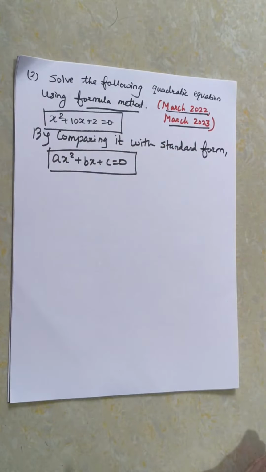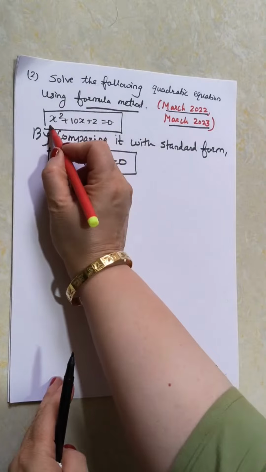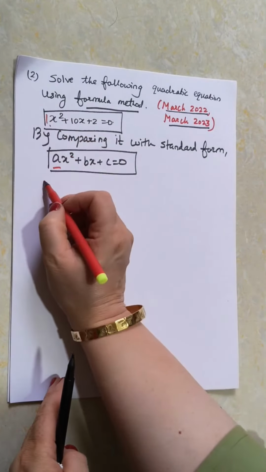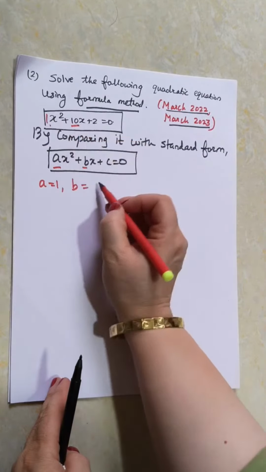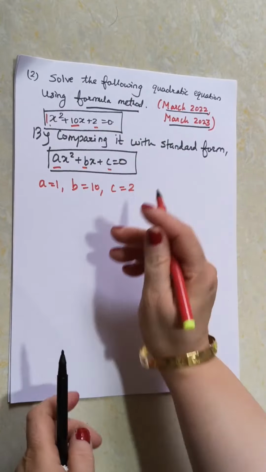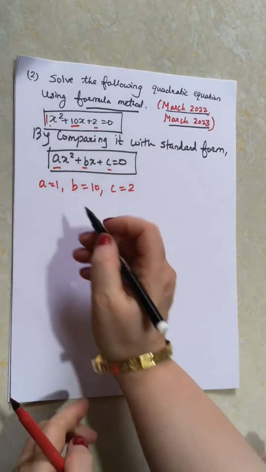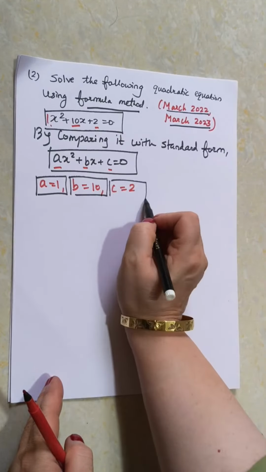Let us compare it and find out the values of a, b and c. Shrutika, correct. A is, nothing is there, so 1. A is 1. B is 10 and C is 2. Okay, so we got answers that A is 1, B is 10 and C is 2.